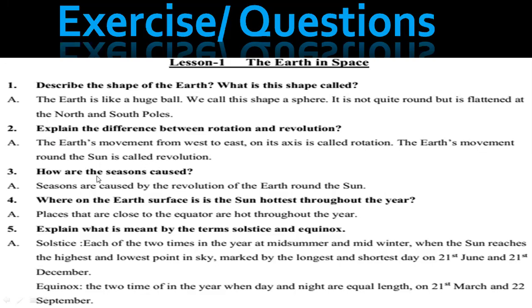How are the seasons caused? You know, in Pakistan we have 4 seasons: spring, autumn, summer, winter. How do they cause? Like this one, seasons are caused by the revolution of the earth around the sun.